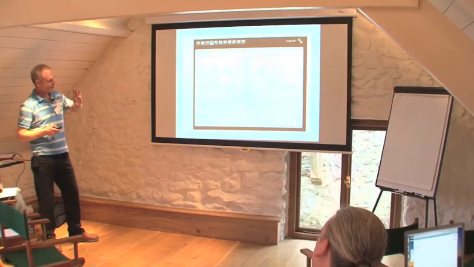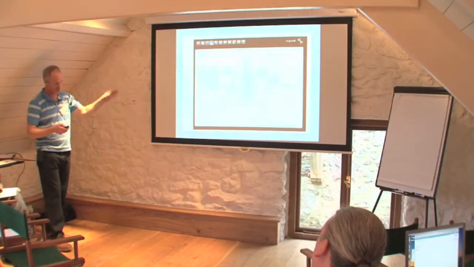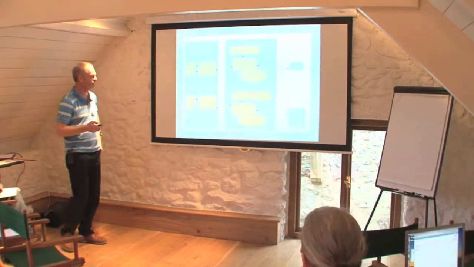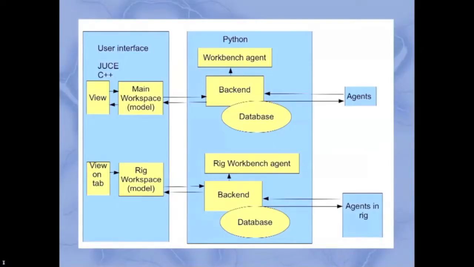So it turns out, in fact, for Workbench, this model of rigs is very straightforward, because what we're actually doing is almost just repeating the same thing inside the rig. It's almost a repeat of the rest of the thing. So it works very, very well for Workbench.